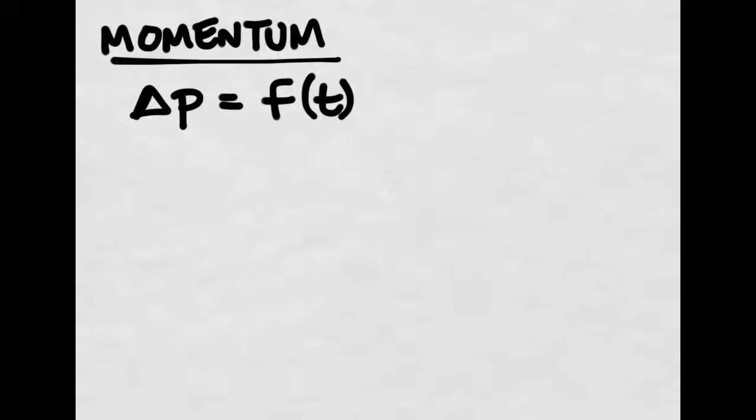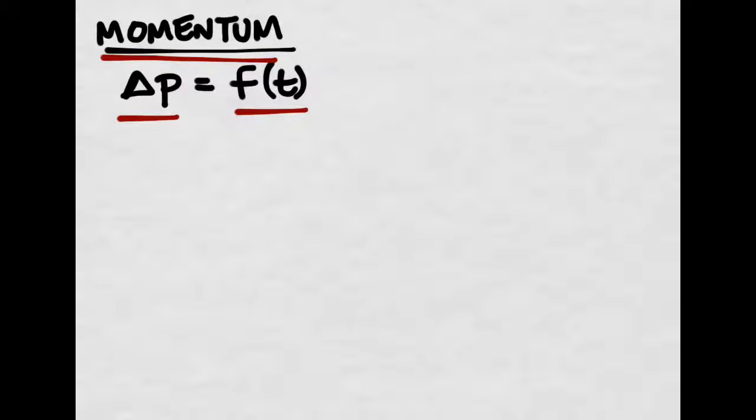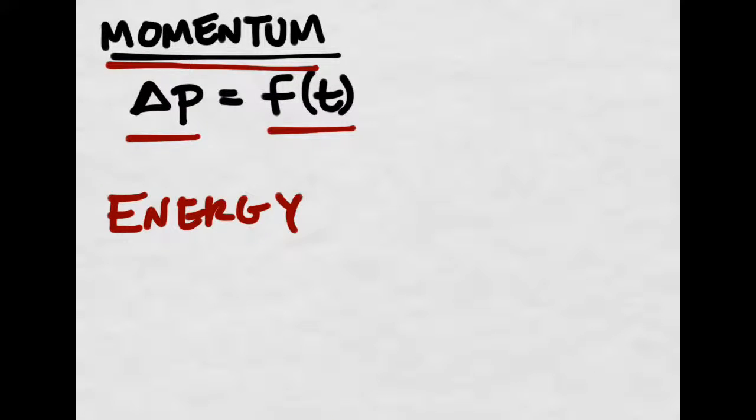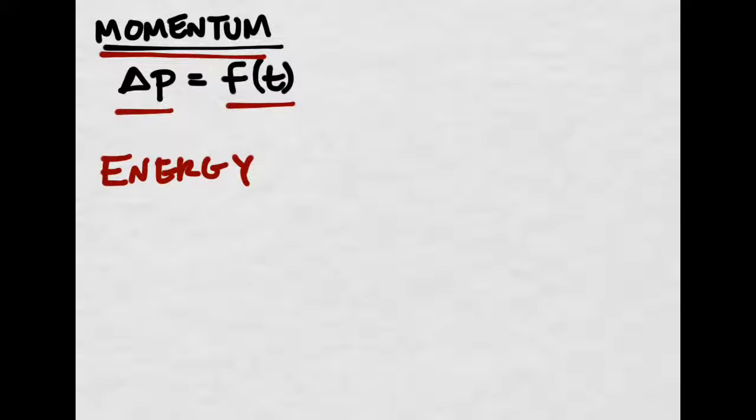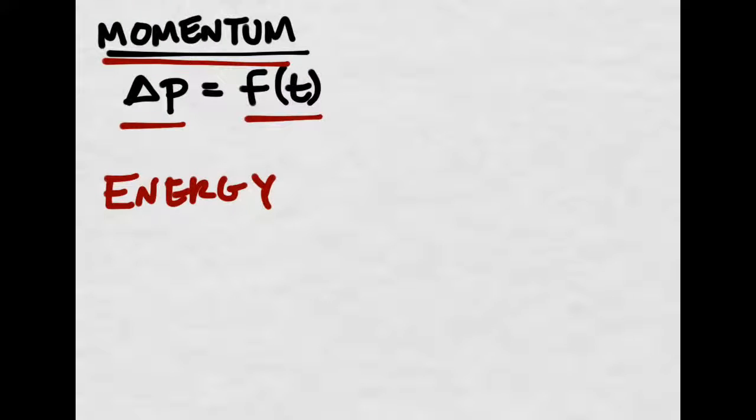The past couple days we've been studying momentum, and by now you know that impulse, or the change in momentum, is equal to force times time. We're going to be moving from momentum into studying energy. Just as momentum had a relationship with impulse, energy has a relationship with work.